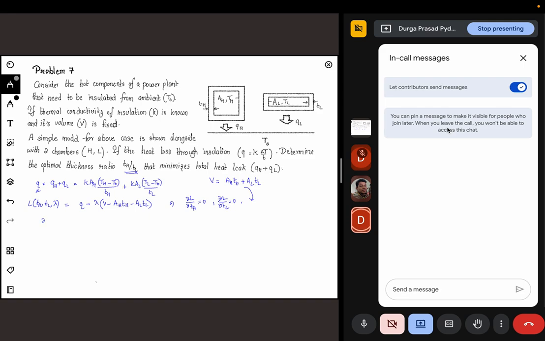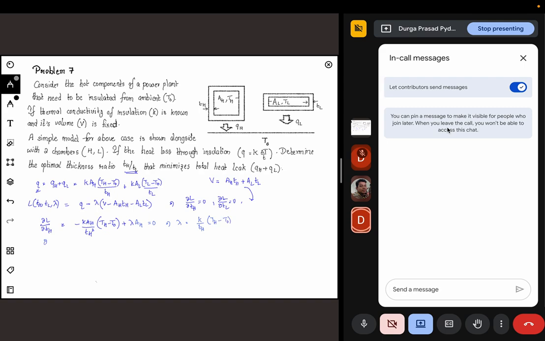So if I just write dL by dT_H, that will be minus k A_H by T_H squared times (T_H minus T_o), plus lambda times A_H. And I'm saying this should be equal to 0, which will give me lambda equal to k by T_H times (T_H minus T_o).